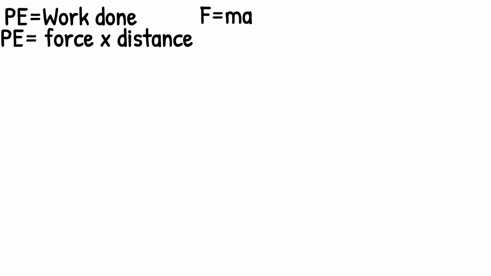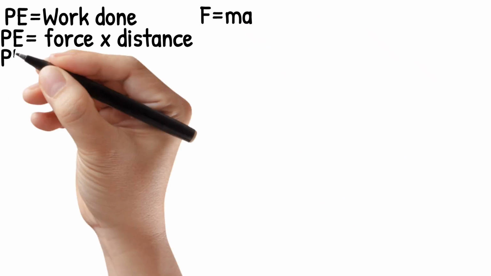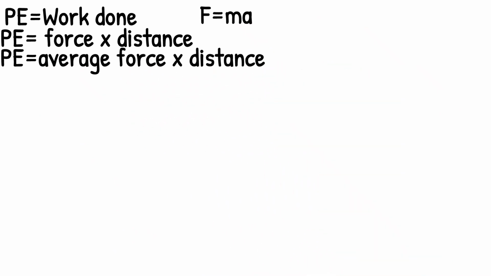So in a situation like this, whereby you have a varying force and you need that force to calculate your work done, what you simply do is to find an average force. Yes, the force is continuously changing, but out of the various values of the force, you use an average. Now, how do you get this average? You take the final value of the force, add it with the initial value of the force, and then divide by 2.